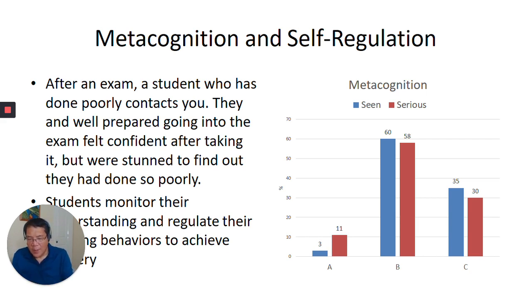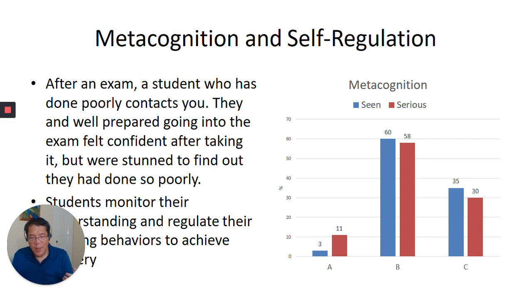The way to address this is to use formative assessment, to give students opportunities to assess their understanding, assess their knowledge, and that will give both the students and you feedback about their level of understanding. Now, just giving students feedback isn't enough, because a lot of times students don't know how to use that feedback.